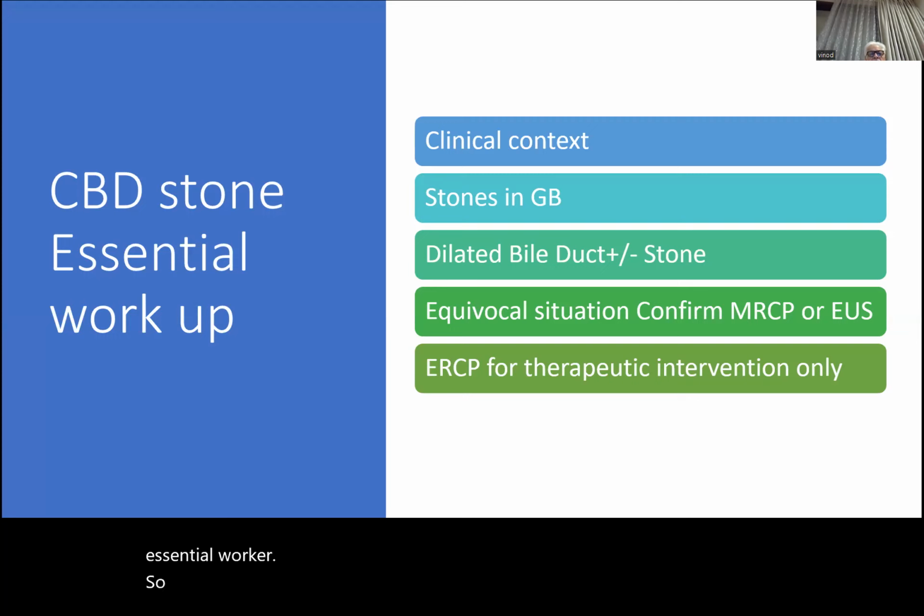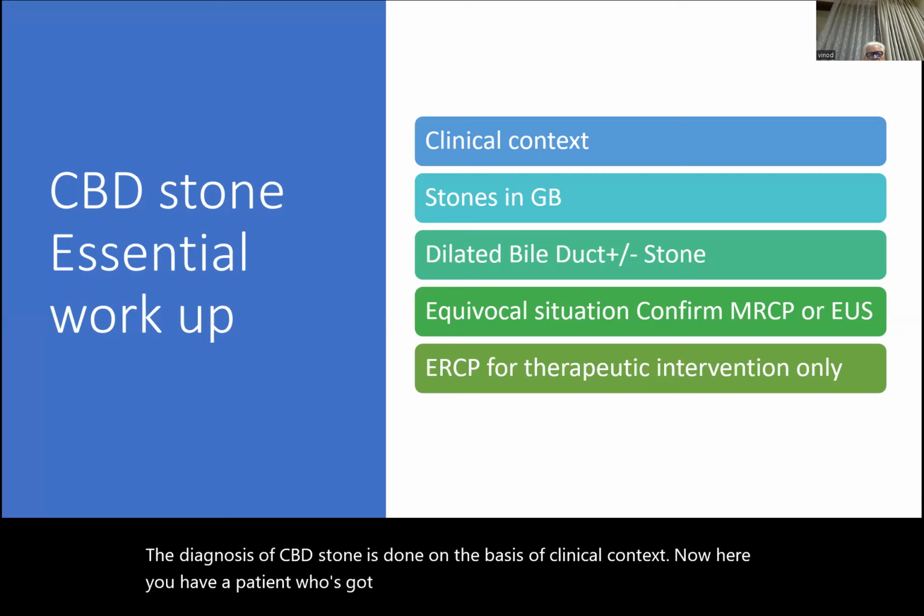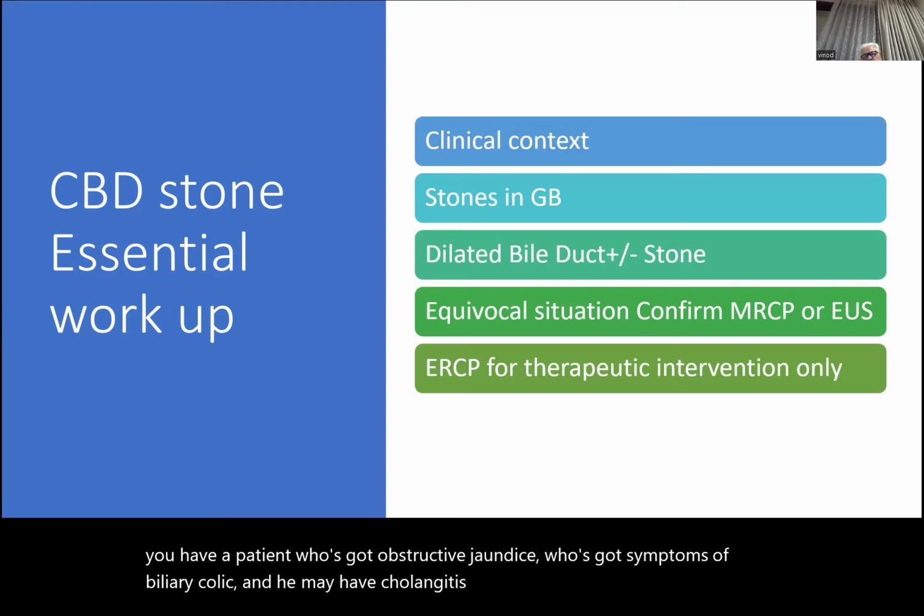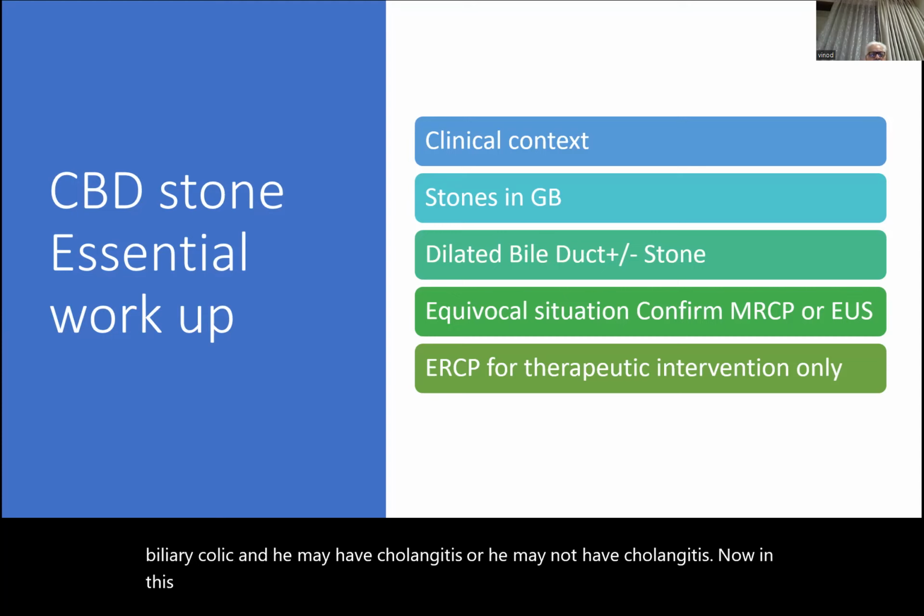So, the diagnosis of CBD stone is done on the basis of clinical context. Now, here you have a patient who's got obstructive jaundice, who's got symptoms of biliary colic, and he may have cholangitis or he may not have cholangitis. Now, in the patients of CBD stones, generally the jaundice doesn't go very high.